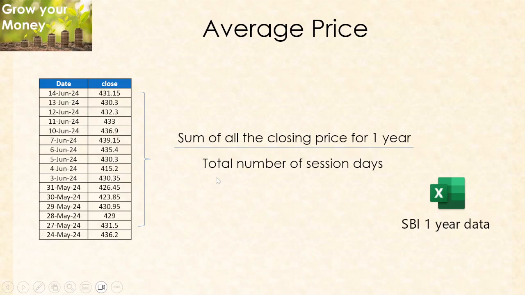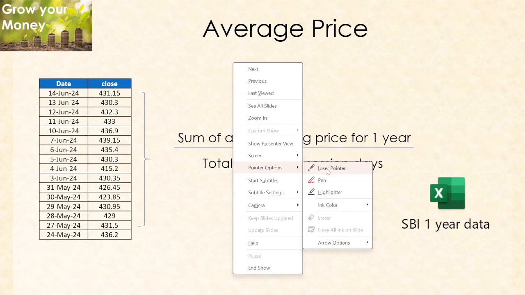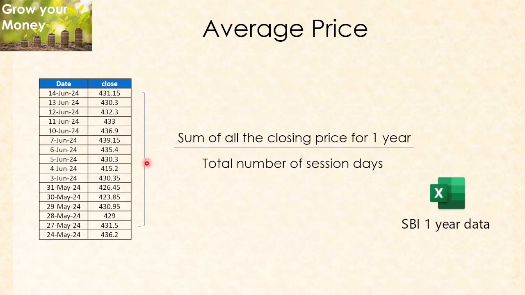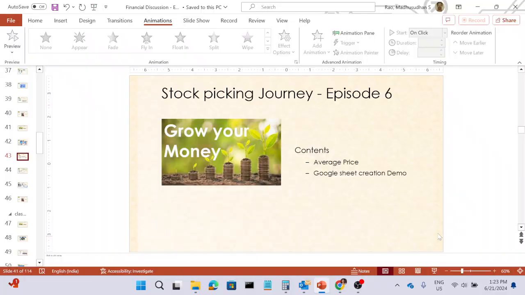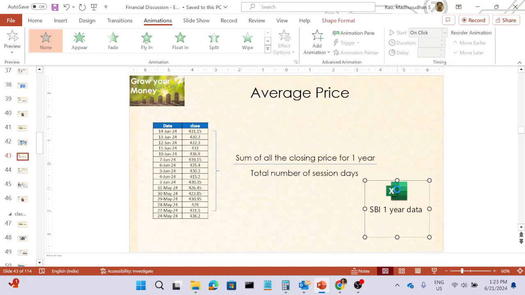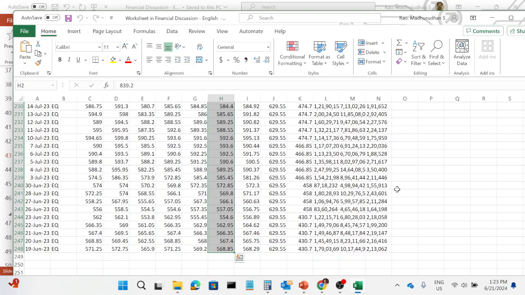You take the total closing price of that year for that particular stock. You take the closing price for the entire year and then divide that by the total number of sessions. Here I have already downloaded the last 1 year data for SBI. I'll open it up and show you.